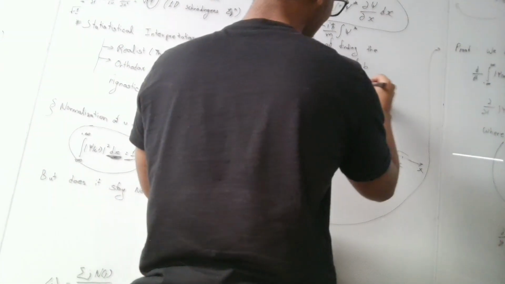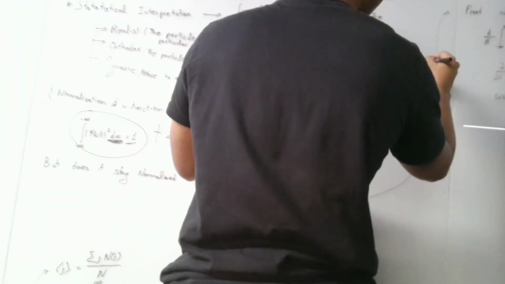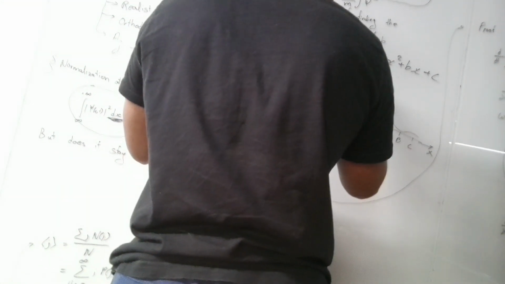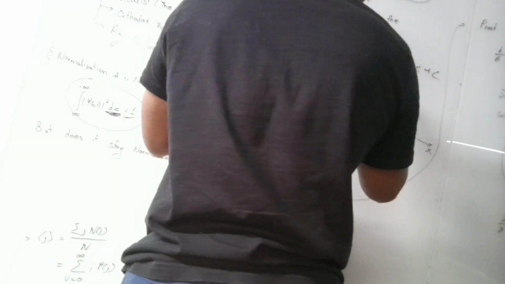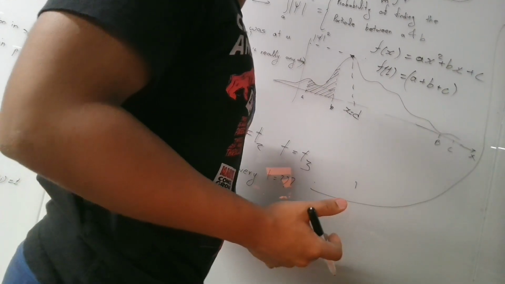Let's say f of x is ax squared plus bx plus c, right? And you were to put x equals 1. Then you'd get f of 1 as a plus b plus c. Operators are just functions for functions, if that makes sense.